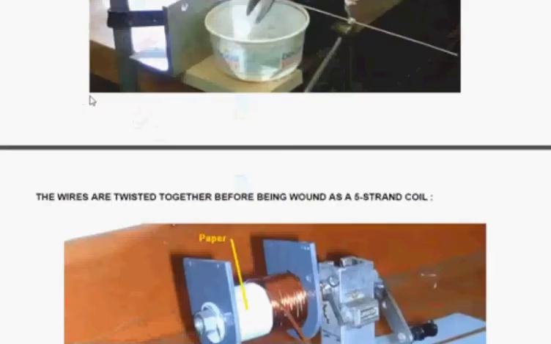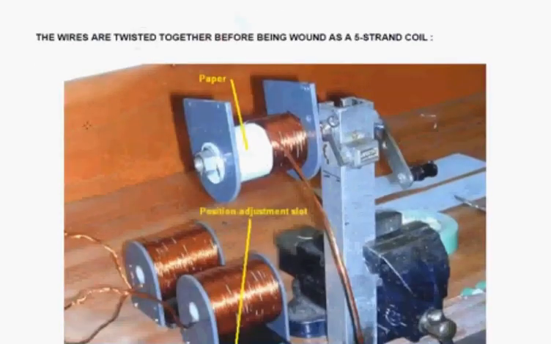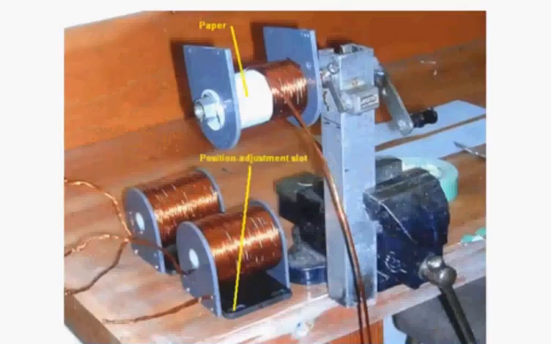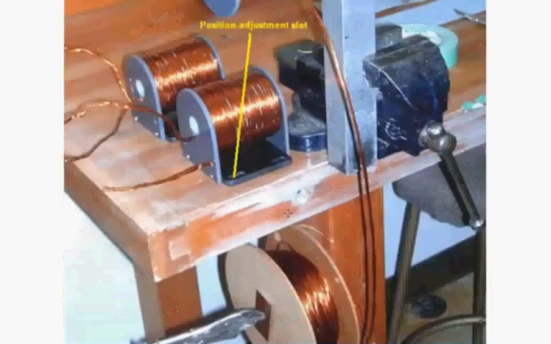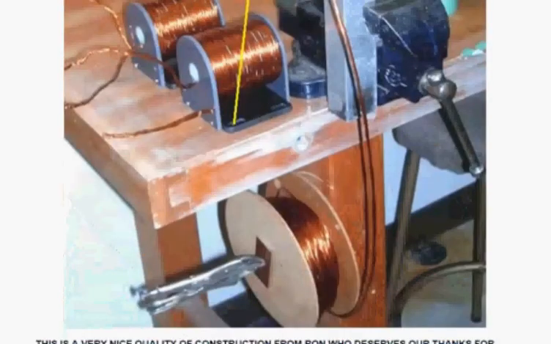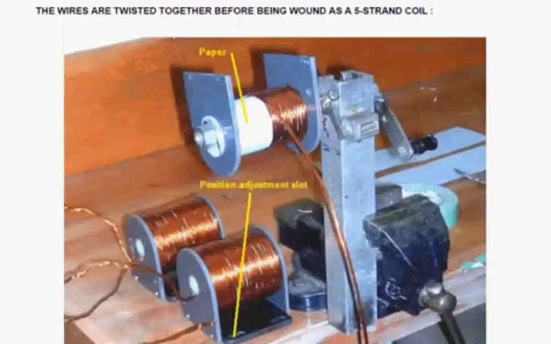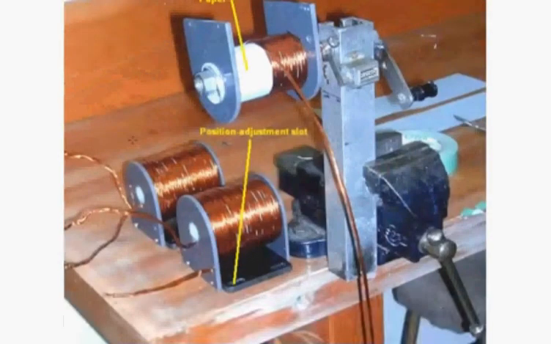I do different things. Now, the way he did it is he starts off and he twists the 5 strands of wire together to get a continuously twisted string, which he winds onto a reel. Then he uses his winder to wind separate layers of wire, first from right to left, then from left to right, then right to left, layer upon layer upon layer, until the spool is finished and full.